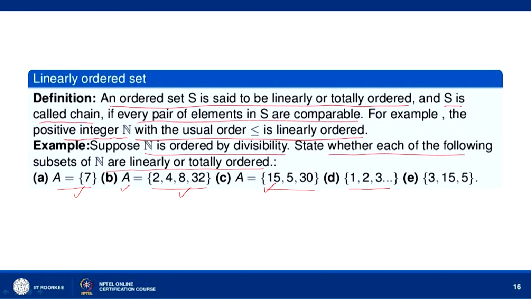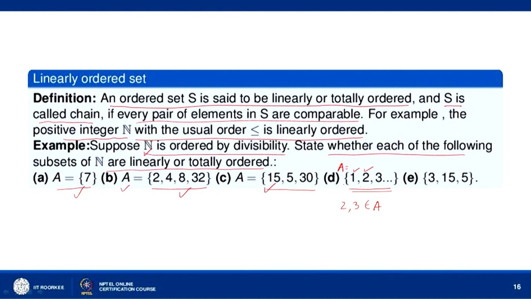If you take the entire set N, then this set is not linearly or totally ordered, because if you take, say, 2 and 3 in this set, let me call this set A, of course, this A is equal to N. So, 2 and 3 you take in N, there neither 2 divides 3 nor 3 divides 2.